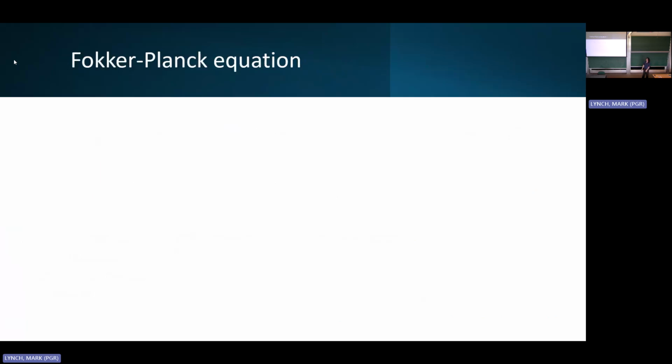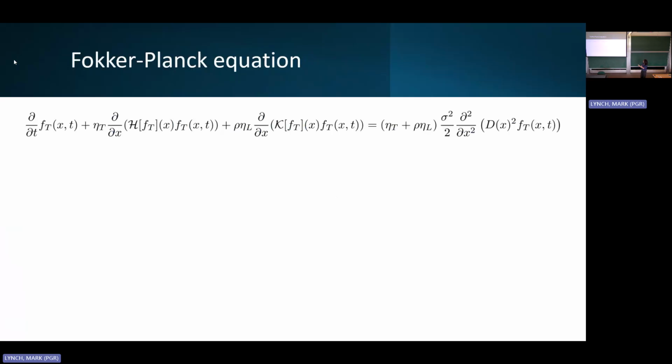Okay, and then we can take a quasi-invariant limit, and it's all a bit messy, so I'm not going to show you that, but at the end you get a nice Fokker-Planck equation, which is a bit long, I'm sorry. So, term by term. First term is just about time evolution of the truth tellers' density. The final term is just our diffusion from the noise that we added in our microscopic binary interactions.